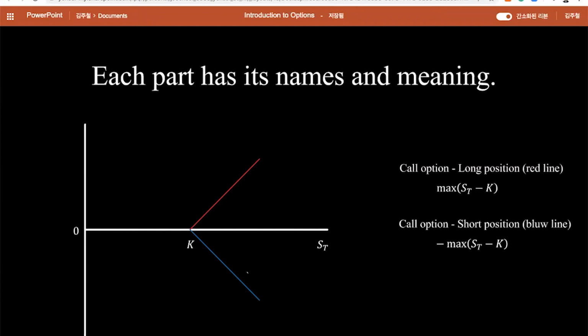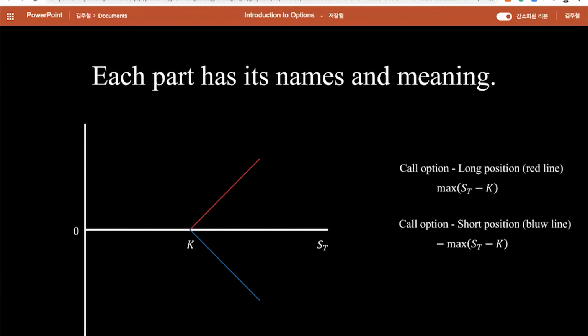So the person who wants to have a long position has to pay some amount of money to the short position of the call option. That money is called the option premium, but I prefer to say the option price. So that is the call price of the call option.